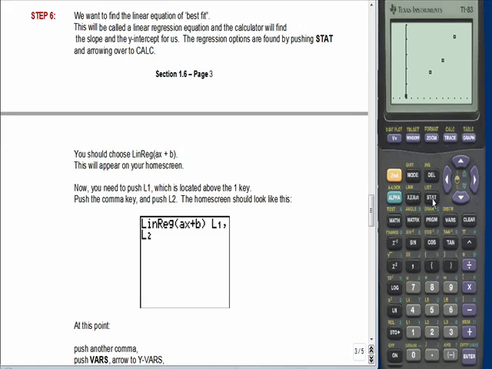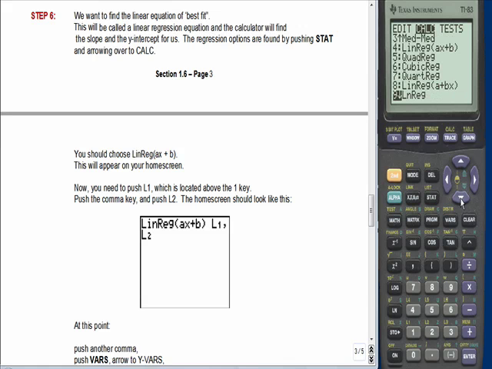I'm going to press my Stat key, and I'm going to arrow to the right over to Calc, and you'll notice a number of regression options. Numbers 1, 2, and 3 are actually statistical computations, but if we start at number 4, you'll notice that we actually get linear regression, quadratic regression, cubic regression, quartic regression, another linear regression where they put it as a plus bx.